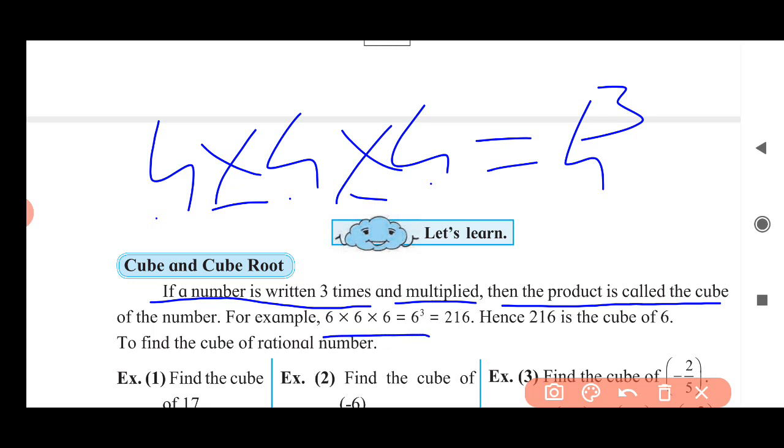Here, for example, 6 is taken 3 times and multiplied, so 6 cubed is 216. Here 216 is the cube of 6.